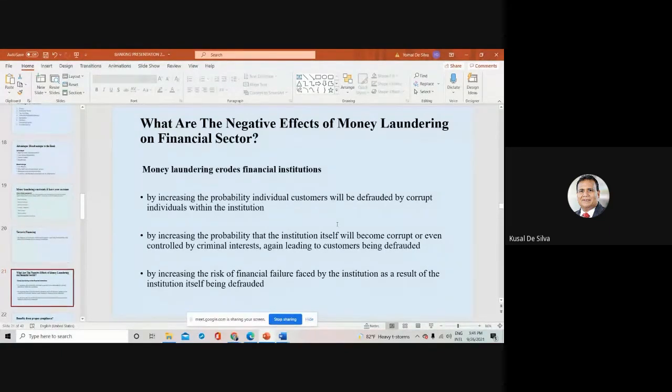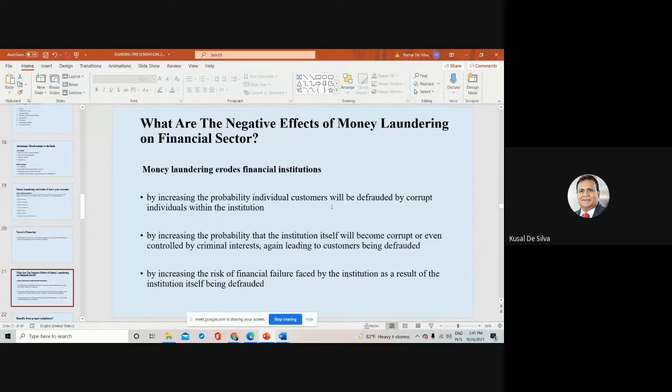So the risk is, when you don't have proper systems in place to identify the money laundering activities of your customers, individual customers may use your channel, and your individual team, your staff members, may also get involved.